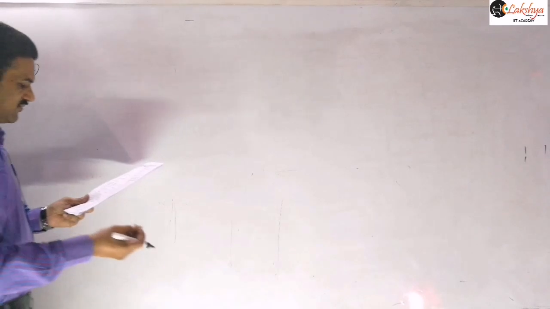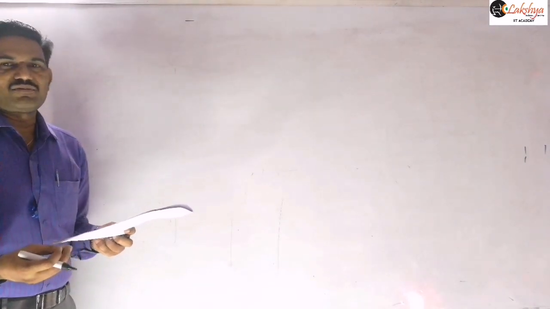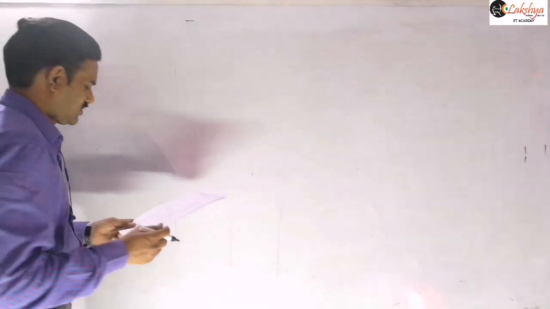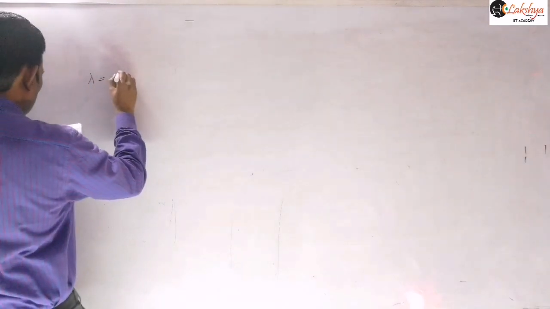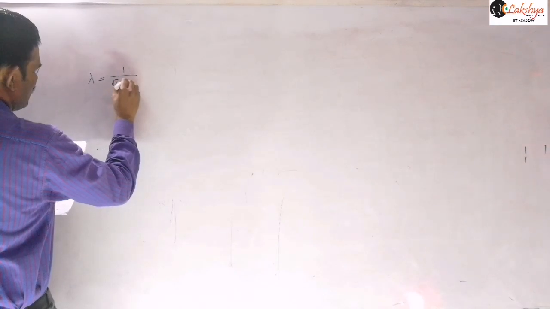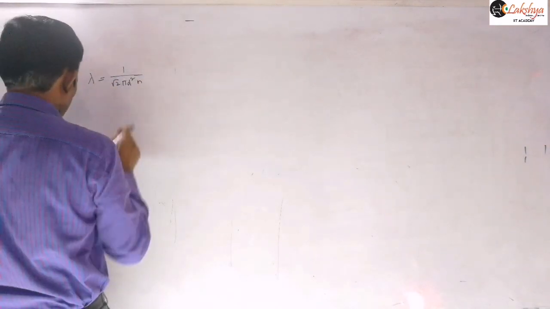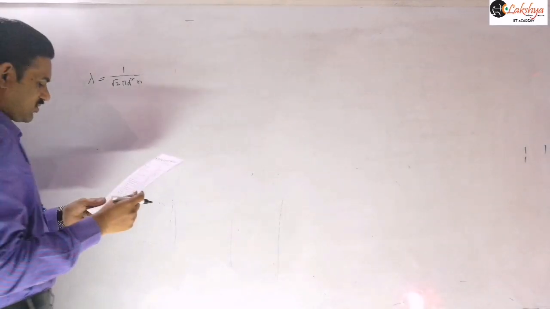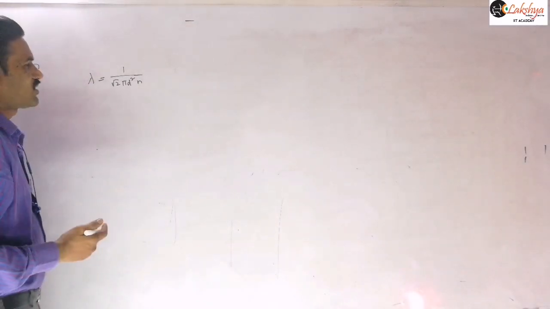You know mean free path is nothing but the average distance traveled by the molecules between two successive collisions. By using the Boltzmann approximations, we can derive an expression for this as 1 by root 2 pi d square into n, right? This d is the average diameter of the molecule, and n is the number of molecules per unit volume.